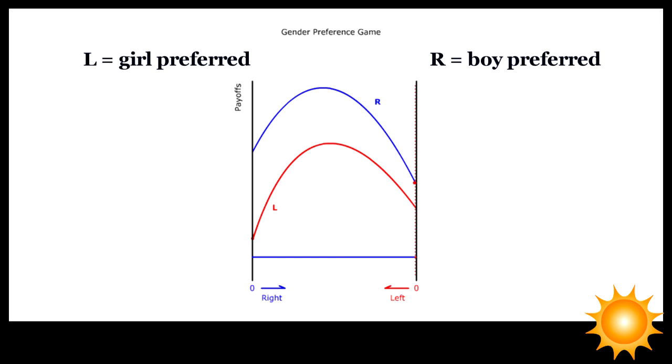The collective payoff curve shows that an all-boys solution at B is stable.